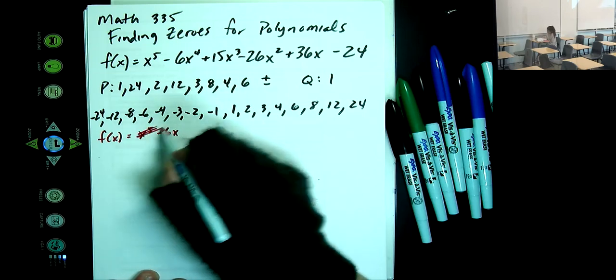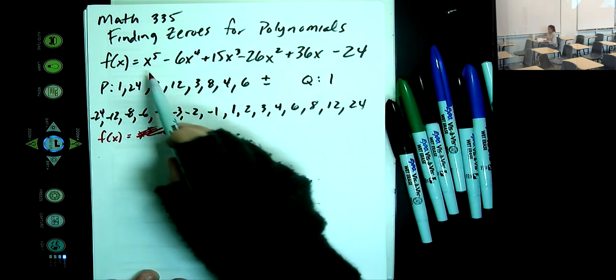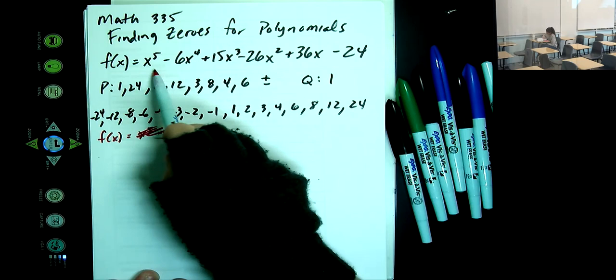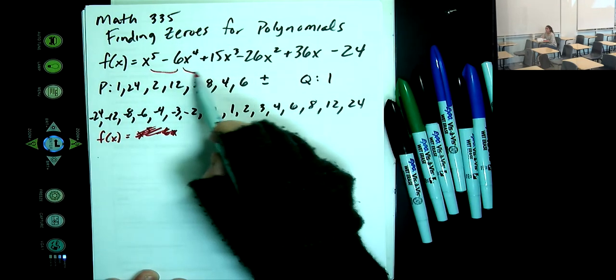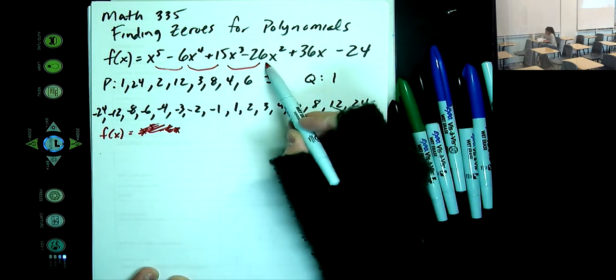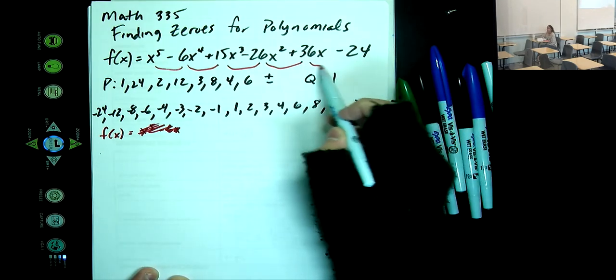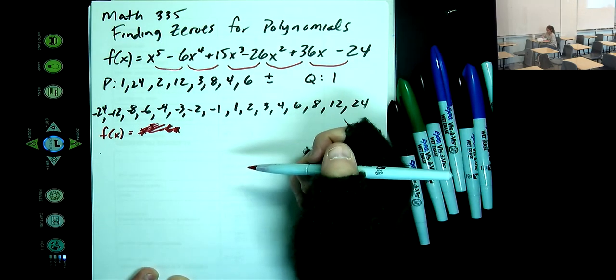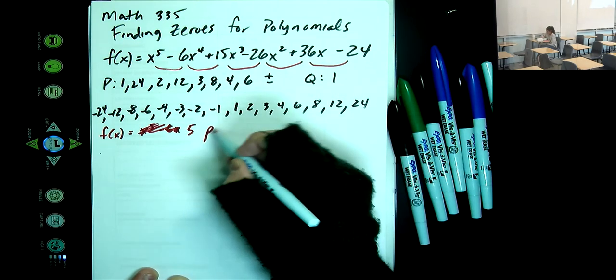Let's just see what it is. It changes signs here, here, here, here, and here. 5 positive roots.